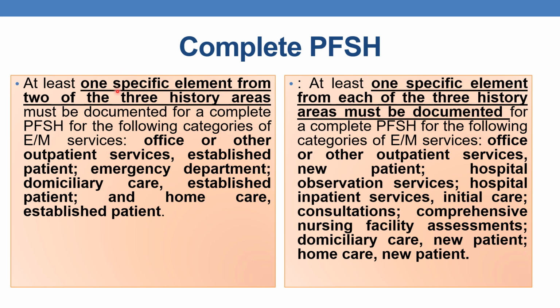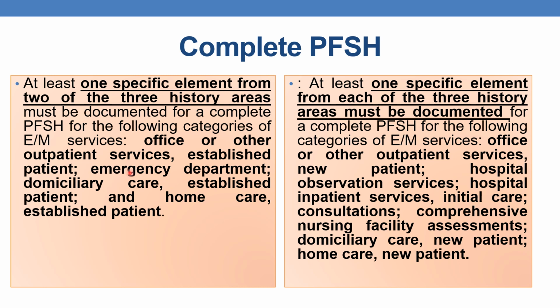One specific element from two of the three categories. That is, at least past history and family history, or family history and social history. One element from 2 out of 3 should be documented to be called complete PFSH for the following categories of E&M services. What are they?